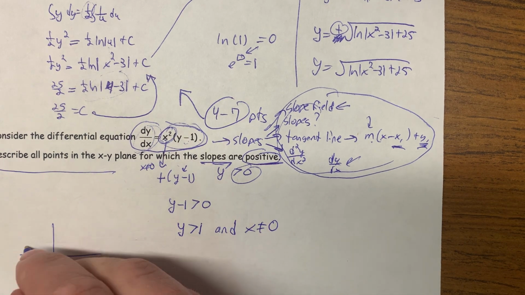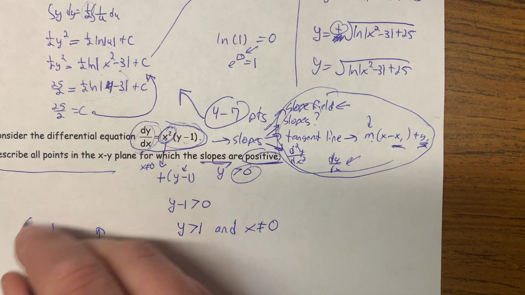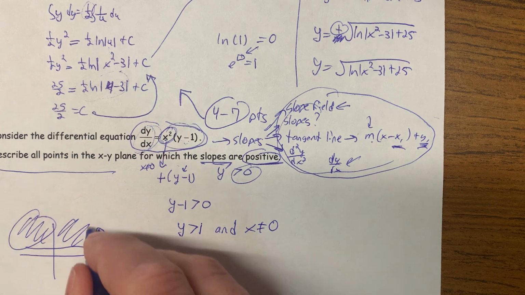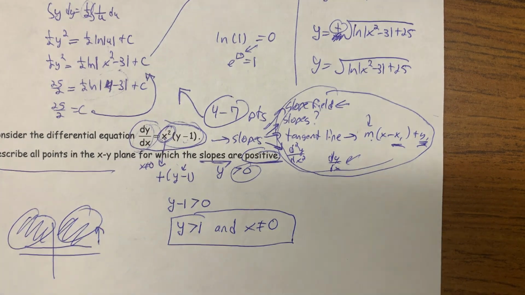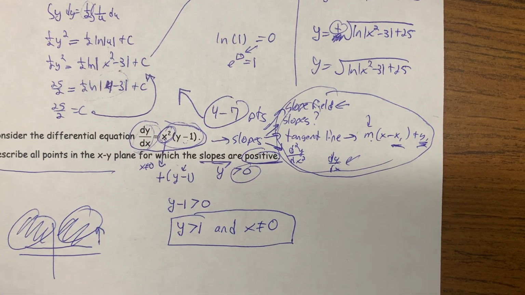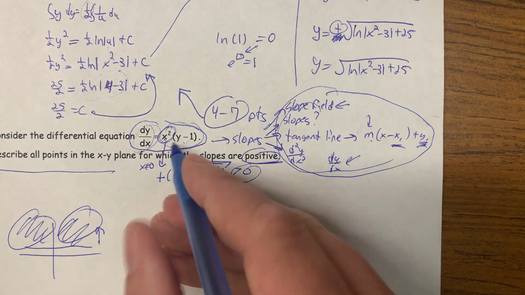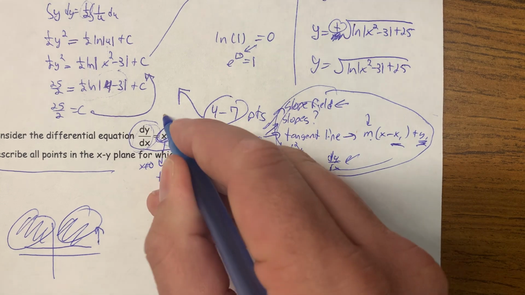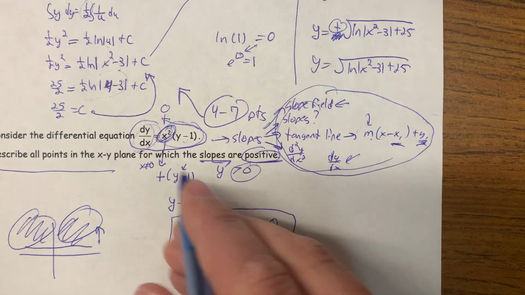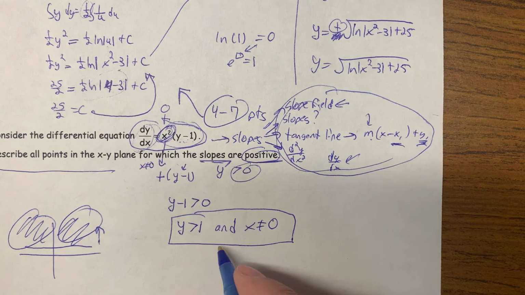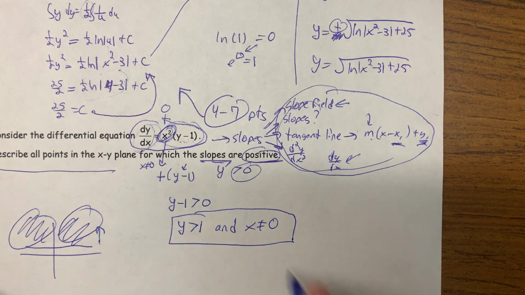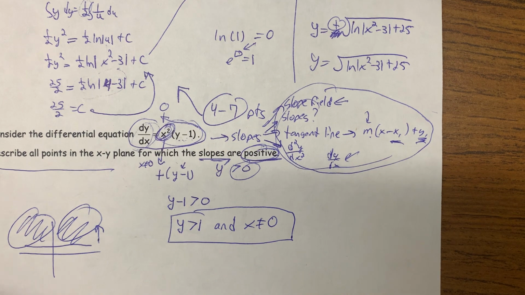As long as the y values are above 1 and the x's aren't 0, all the points in this place will have positive slopes. And that's super powerful that this differential equation can tell us this, right? Because x squared is always positive or 0, as long as y minus 1 is above 0, we'll have a positive times a positive, and that'll give us a positive. And so that's where the slopes will be positive.